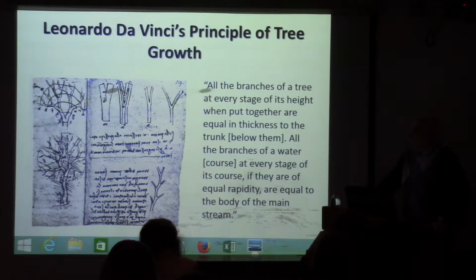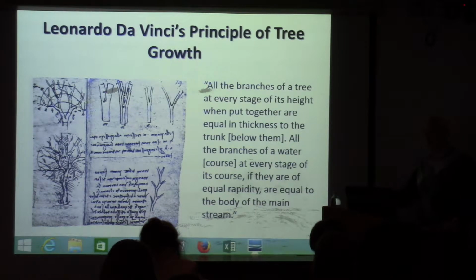And that is something that he was investigating simply in terms of how can you draw trees accurately. So this is in a part of his notebooks where he's addressing artists and telling them, when you look at a tree, how do you portray it so it looks like a real tree? And he says all the branches of a tree at every stage of its height, when put together, are equal in thickness to the trunk below them.